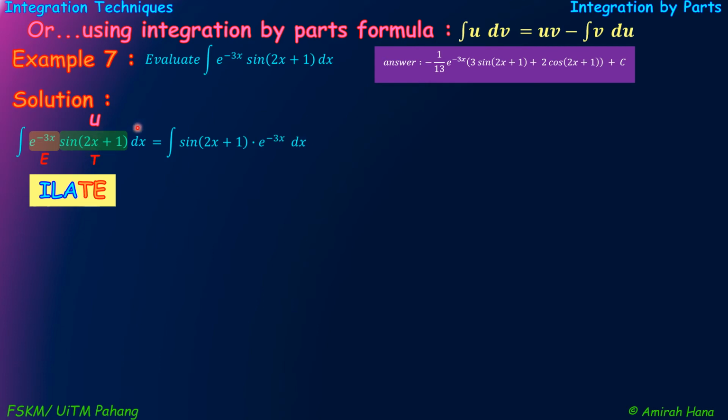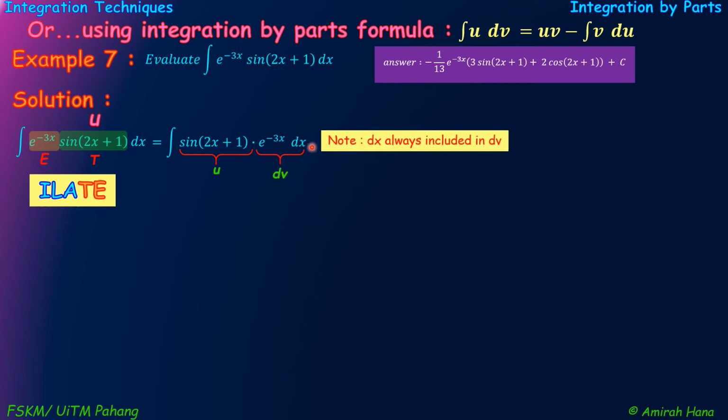So whichever comes first should be u. And we can write the function that equals u in front. Okay, so we can rewrite: integration of sine 2x plus 1 times e to the power of negative 3x dx. So sine 2x plus 1 equals u, and e to the power of negative 3x dx equals dv.